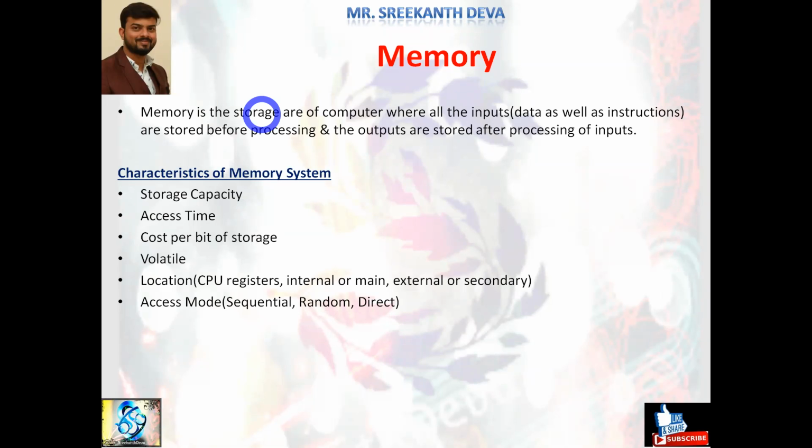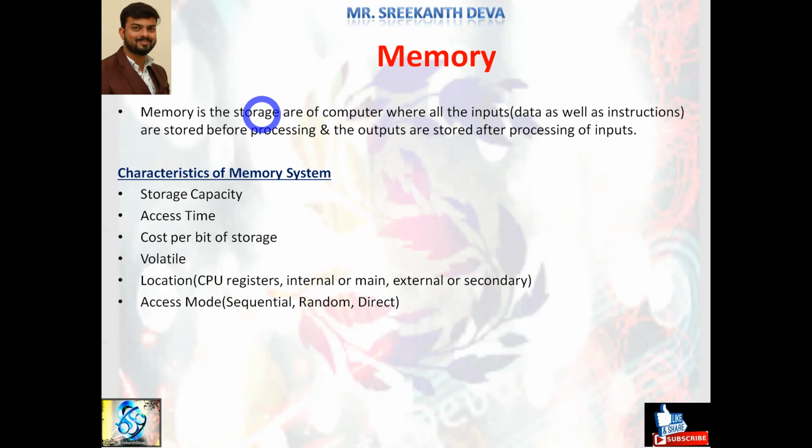The data and instructions are generally passed with the help of the input devices we discussed in the previous sessions, and are entered into the computer using those devices. The intermediary results during processing and the final results after processing also need to be stored in the computer memory.